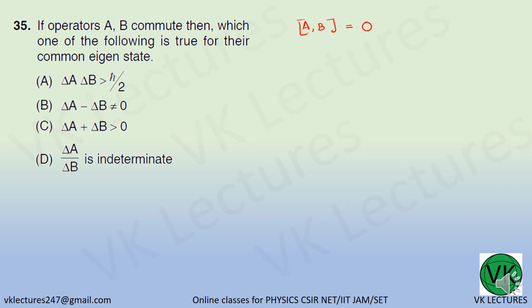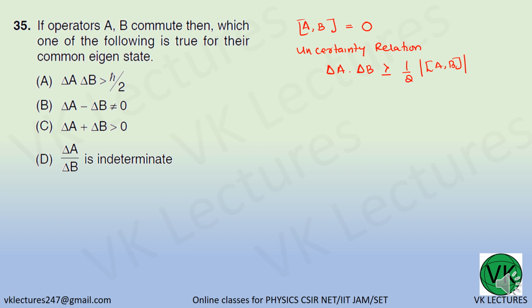We have the uncertainty relation as delta A into delta B is greater than or equal to half times the magnitude of the commutator A comma B. Now if these operators commute, the commutator of A and B is 0. So the right hand side here will be 0.